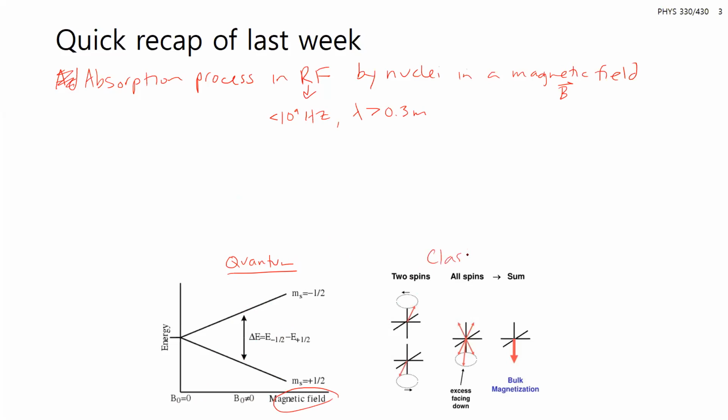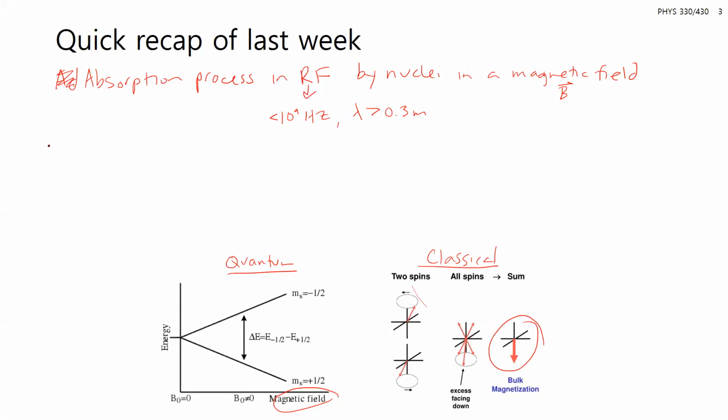We also talked about the classical description, where you can view, okay, if you have quantum mechanical descriptions of the spins of nuclei in two possible directions, with or against the magnetic field, that from the classical description, you can then sum the distribution of these states and get a bulk magnetization of your sample that will change and decay over time.